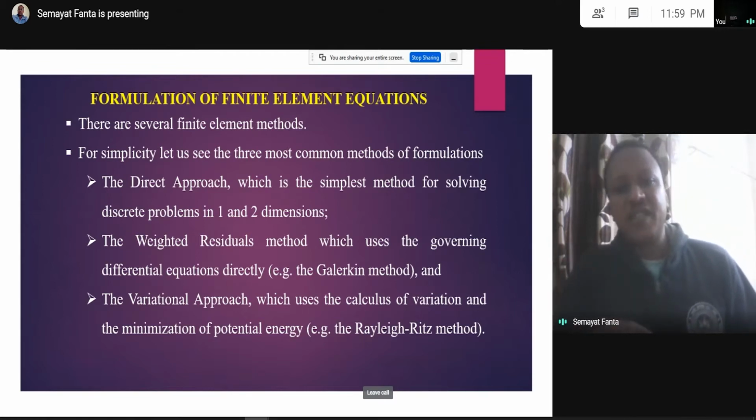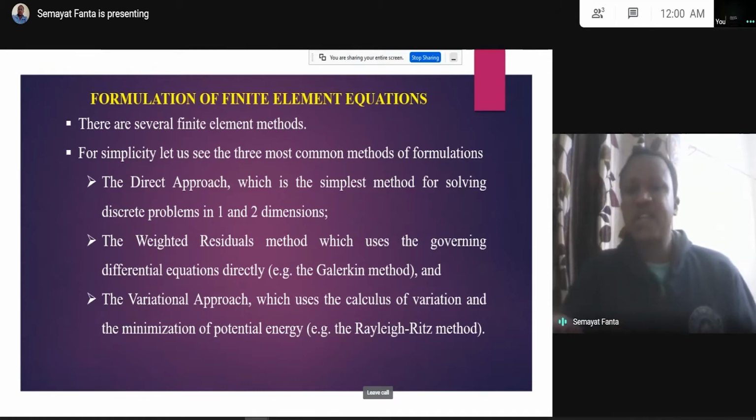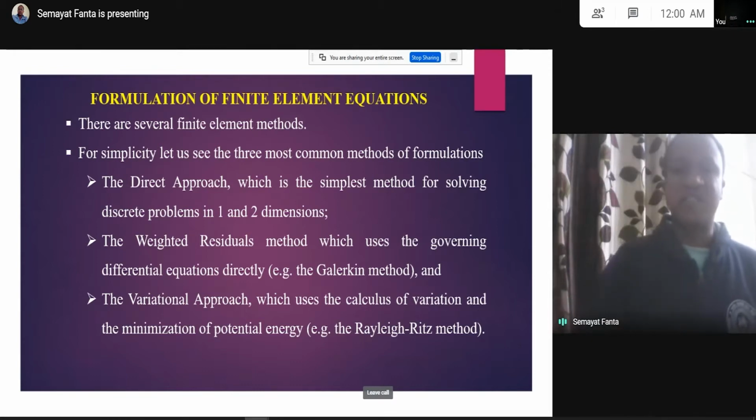And the second one is the weighted residual method, which uses the governing differential equation. That is called the Galerkin approach. And the third one is the variational approach, which uses the calculus of variations and the minimization of potential energy.